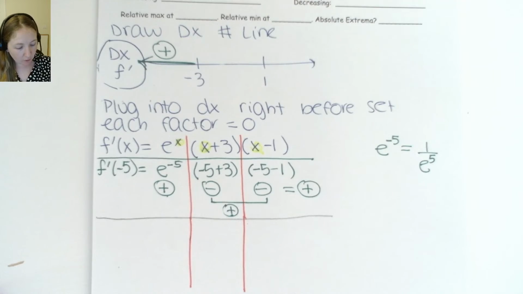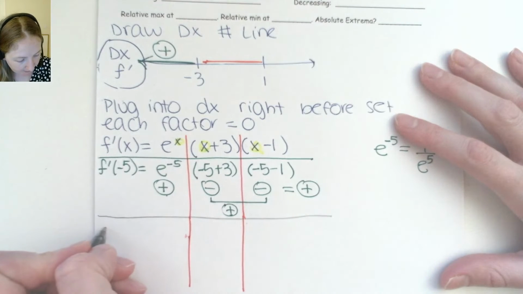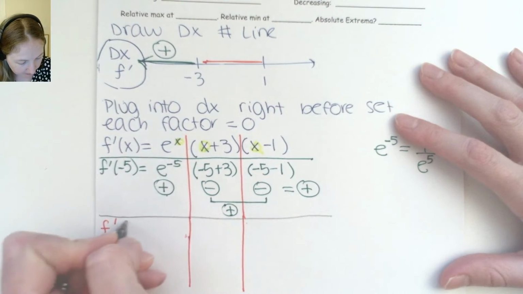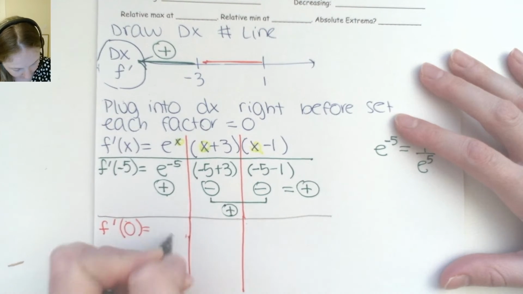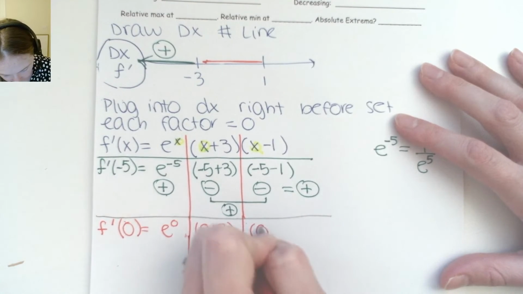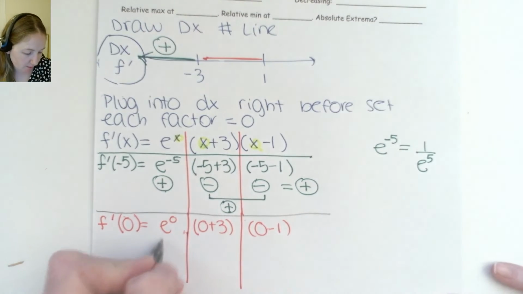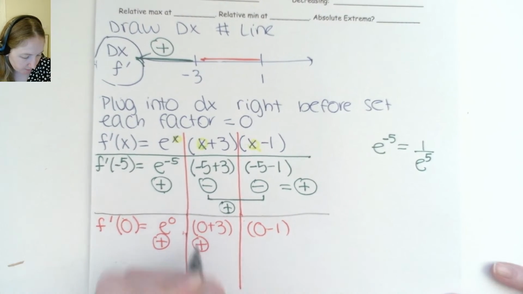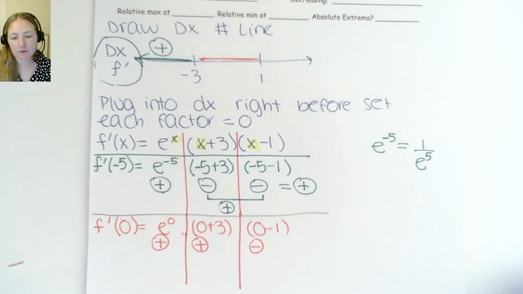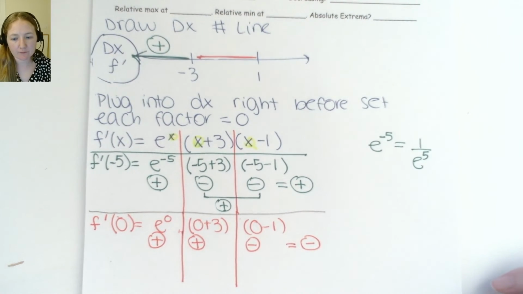All right, so for this middle interval, maybe I decide to plug in 0. So I have e to the 0, 0 plus 3, 0 minus 1. And again, e to anything is going to be positive, positive, and a negative. So that's going to throw us into a negative.